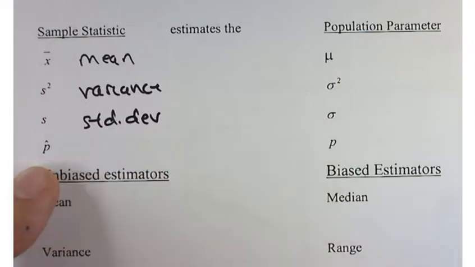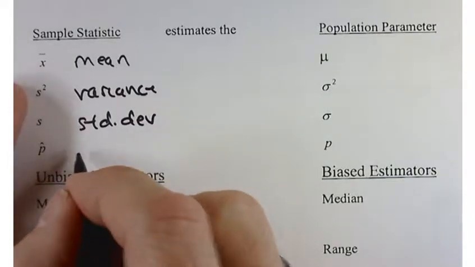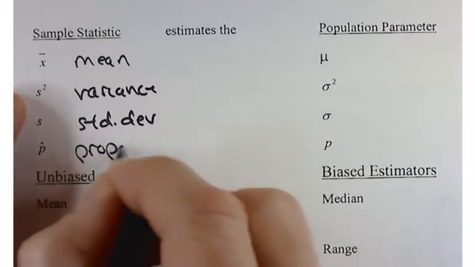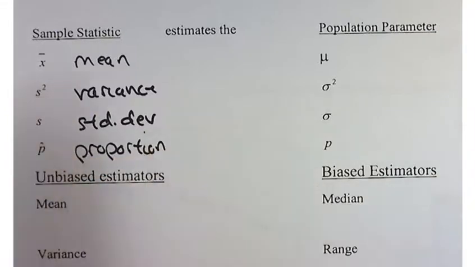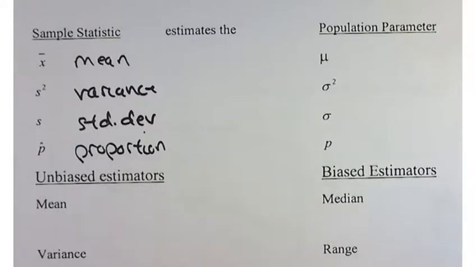And then a new one. P hat is what I'll call it. This is a sample proportion. So if you're trying to find out what percentage of the voters are going to vote one way or another, then you're finding a proportion.